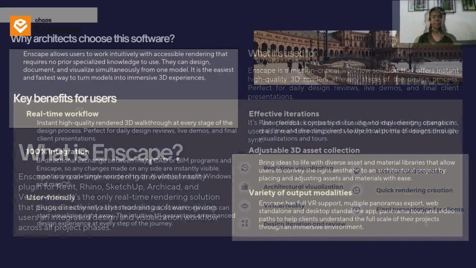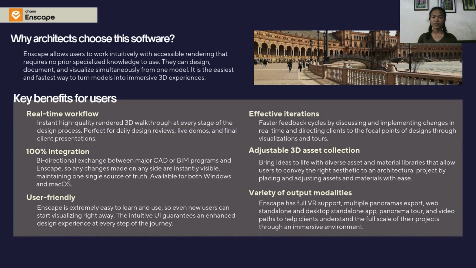for clients. Why do architects choose this software? Enscape allows users to work intuitively with accessible rendering that requires no prior specialized knowledge to use. They can design, document, and visualize simultaneously from one model. It is the easiest and fastest way to turn models into immersive 3D experiences.